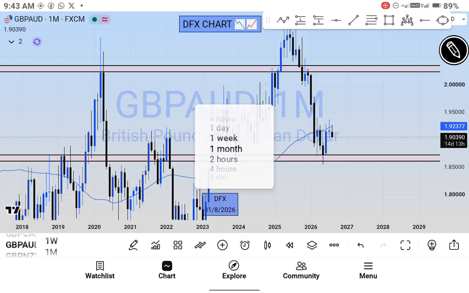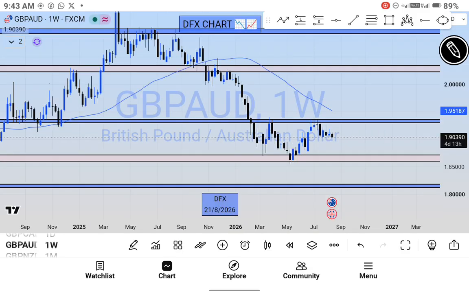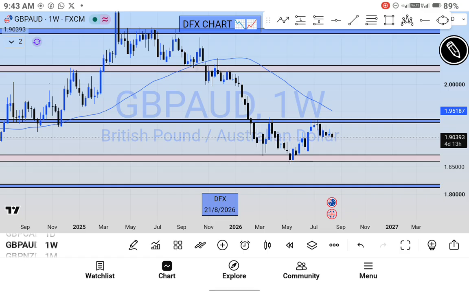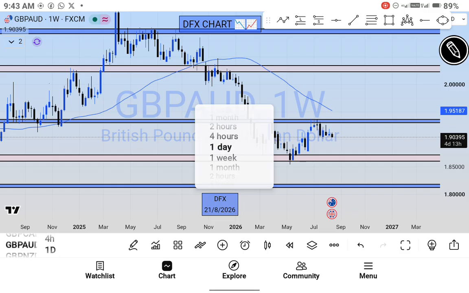But on the weekly time frame, I think we are coming back down here to have a third touch before we head to the upside, right? So now we're going to be capitalizing on that sell.